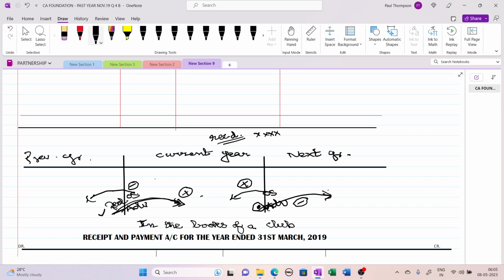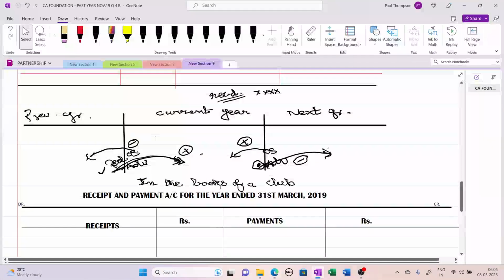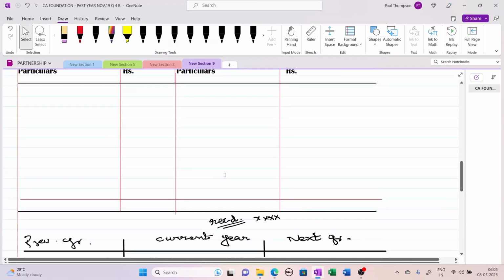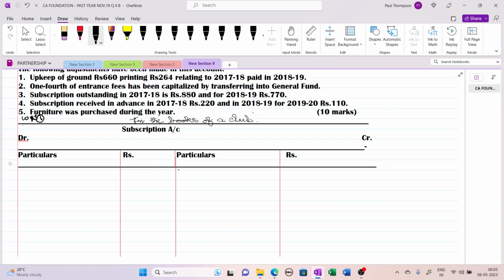The question says they have given the income and expenditure account, and we have been asked to prepare the receipt and payment account. So let us first prepare the subscription account, then we will move on to prepare the receipt and payment account. Subscription given in the income and expenditure account is 19052.